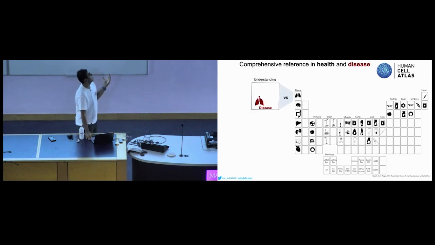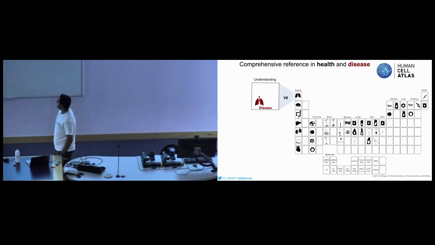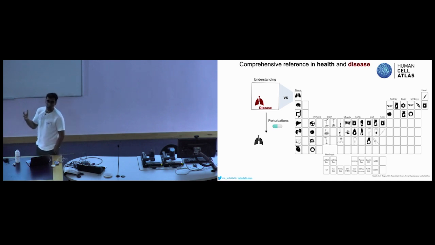And my research is closely tied to what the Human Cell Atlas is imagining, basically: building a comprehensive reference in health and disease. And so the first question is, can we actually use all of the existing data out there to understand the difference between health and disease? And then understand how we can transition between different states. So basically, can we find a treatment, or can we push one state to another?